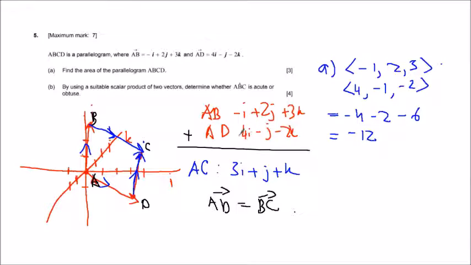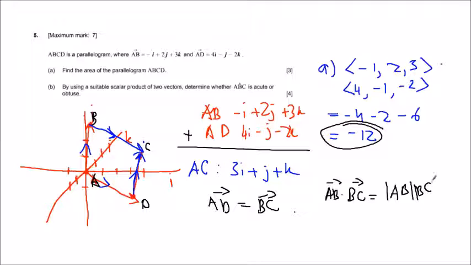So next we have this dot product already, and our thing is supposed to be AB dot BC, which is equal to the length of AB times the length of BC times cosine theta. So the suitable scalar product of two vectors means the dot product, which is minus 12, equal to the magnitude of AB times BC.